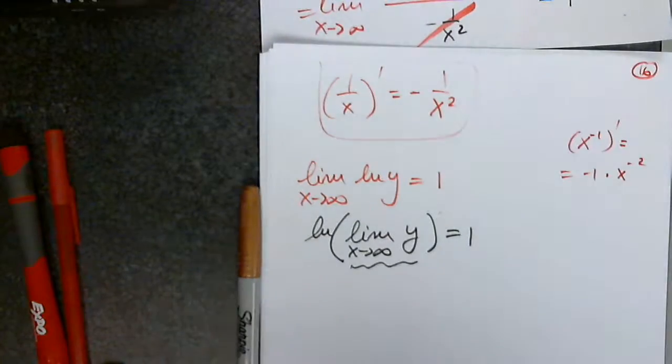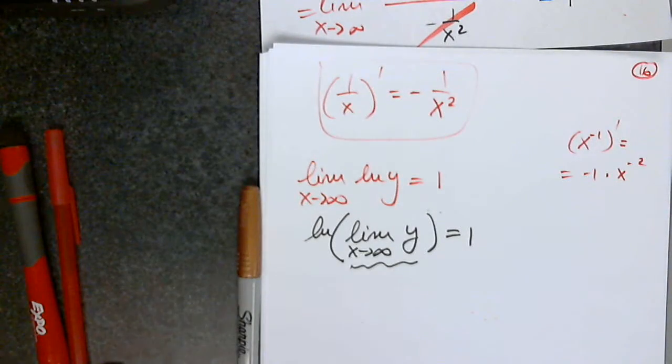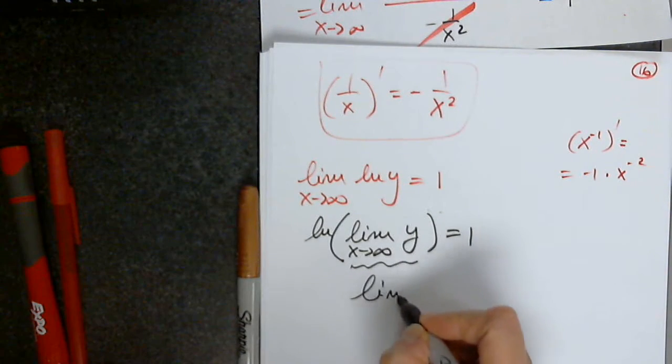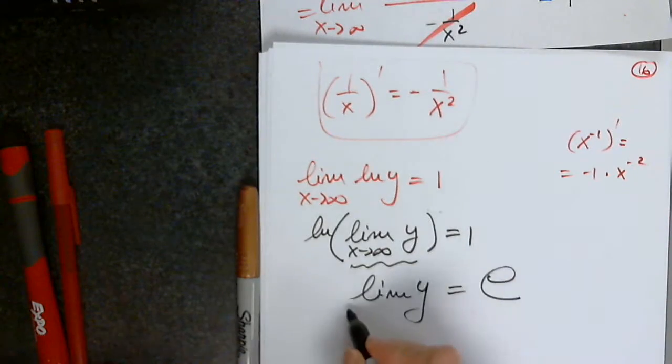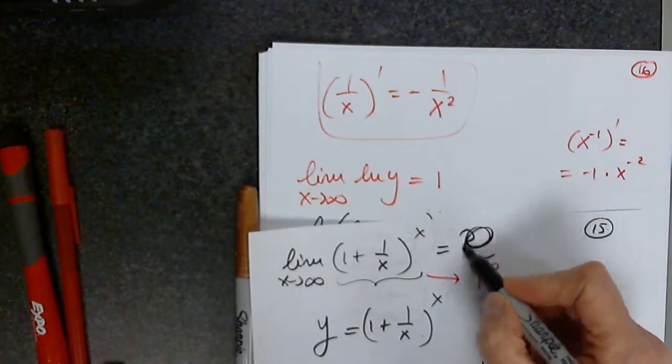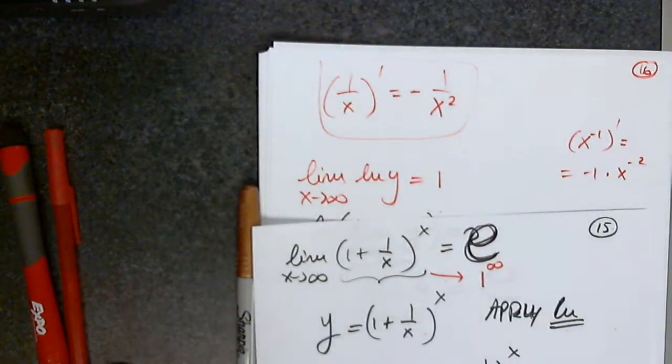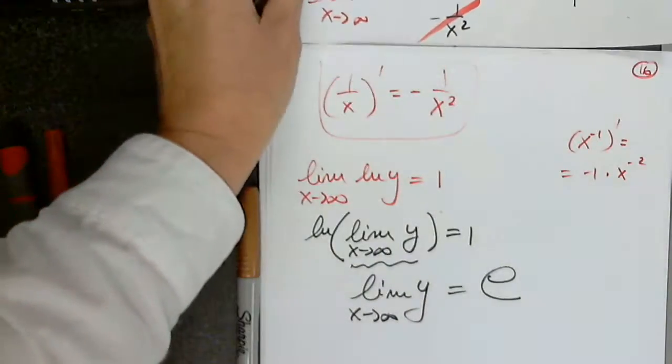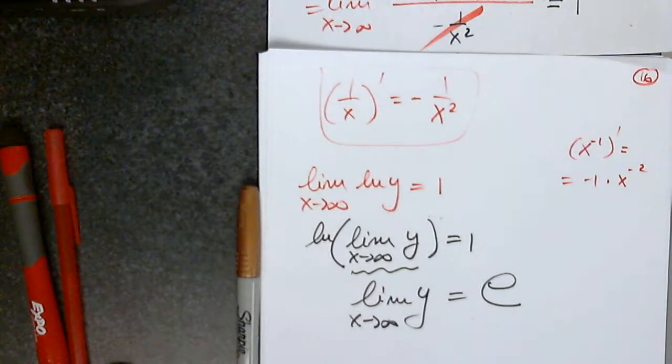Natural log of blank is 1. Exactly. So the limit of y must be e. Because only natural log e is 1. There is no other number whose natural log will be 1.